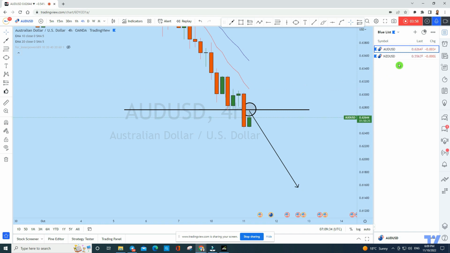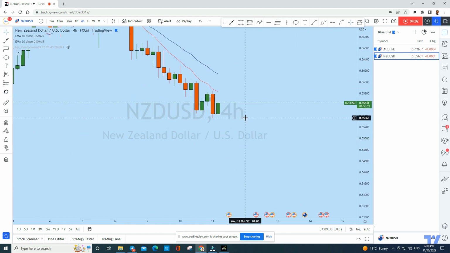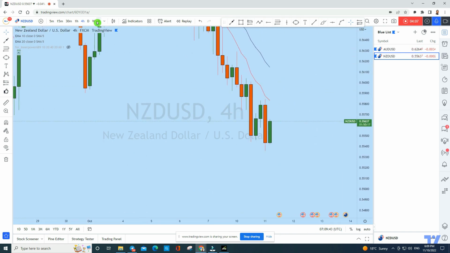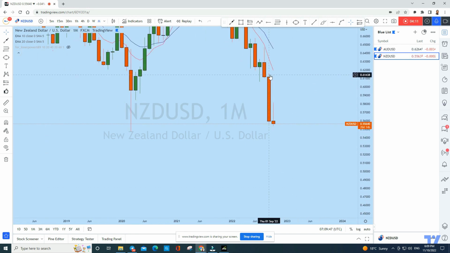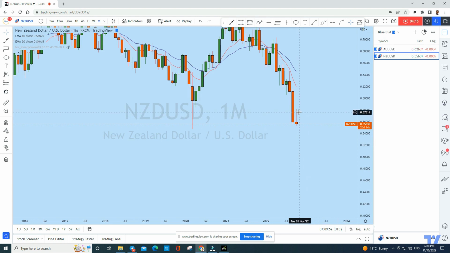Now let's look at NZDUSD. Like Aussie dollar, as you can see, this is also a strongly bearish market. Looking at the monthly, we see that after the previous month's close as a bearish engulfer, a strong bearish candle, this month the price went up, which is a significant retracement to the upside.